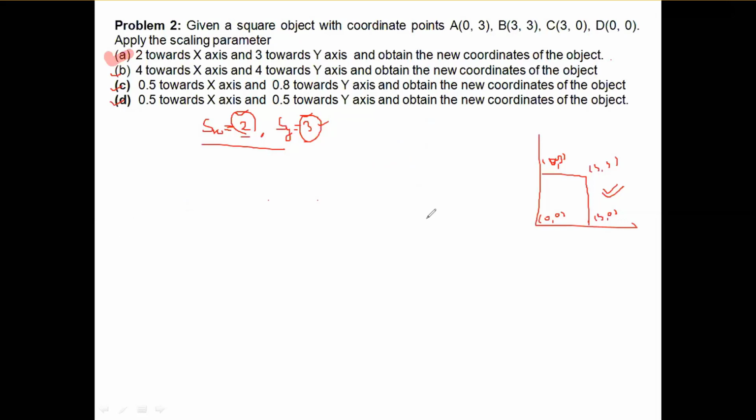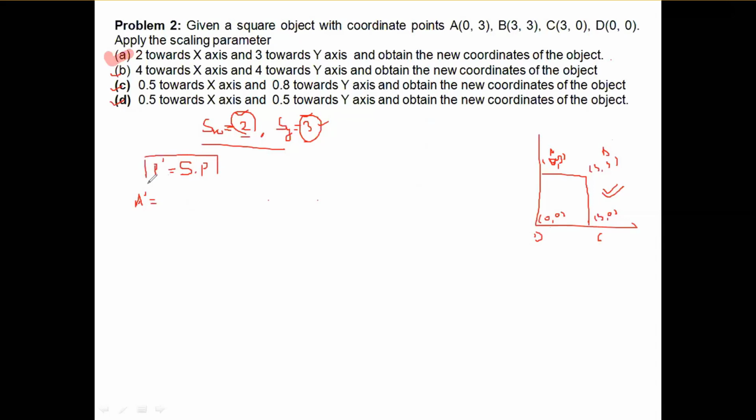So this is a, this is b, this is c, and this is d. Now let's calculate a dash. In general form I can write the scaling matrix times the old point P, and it will give you the new point P dash.